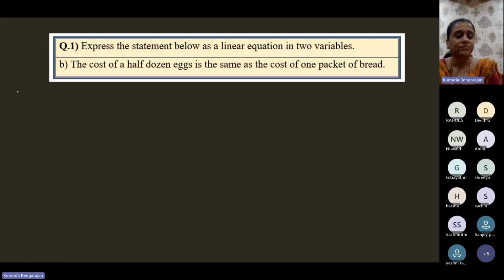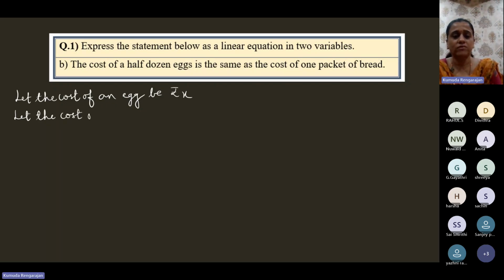So we'll say, let the cost of an egg be rupees X. Let the cost of a packet of bread be rupees Y.